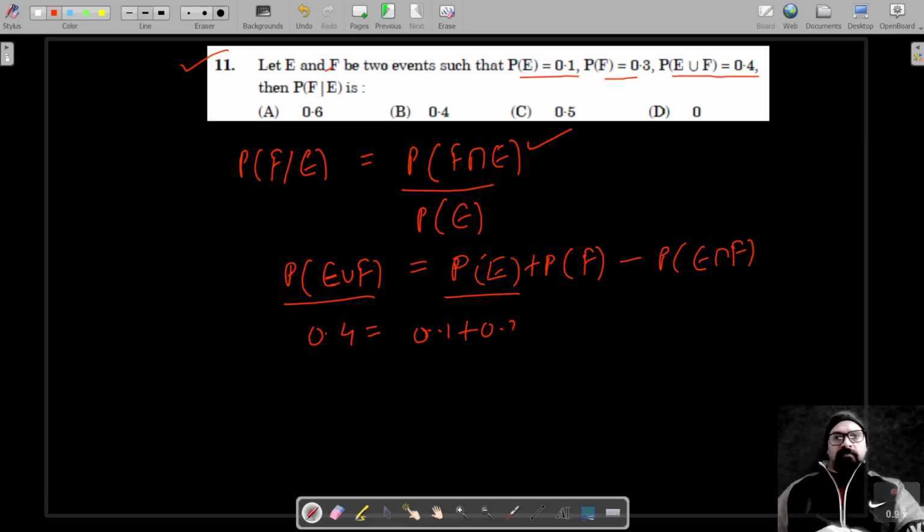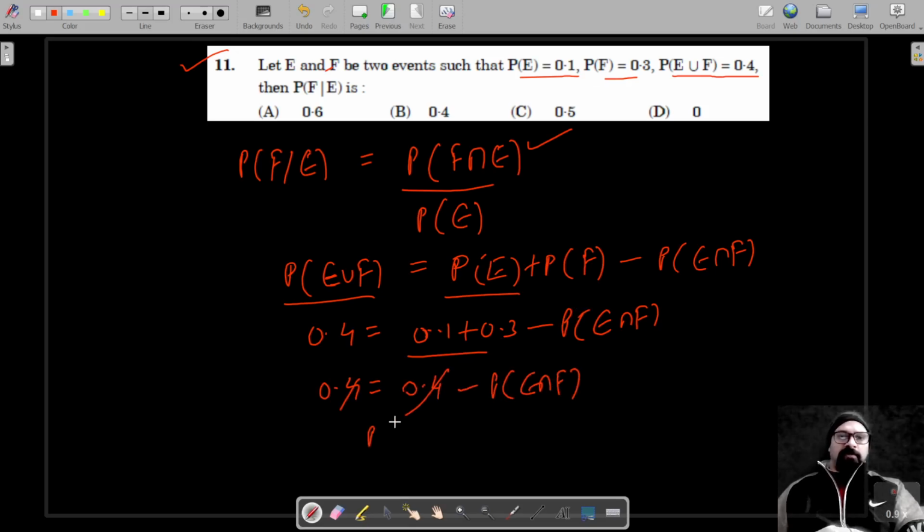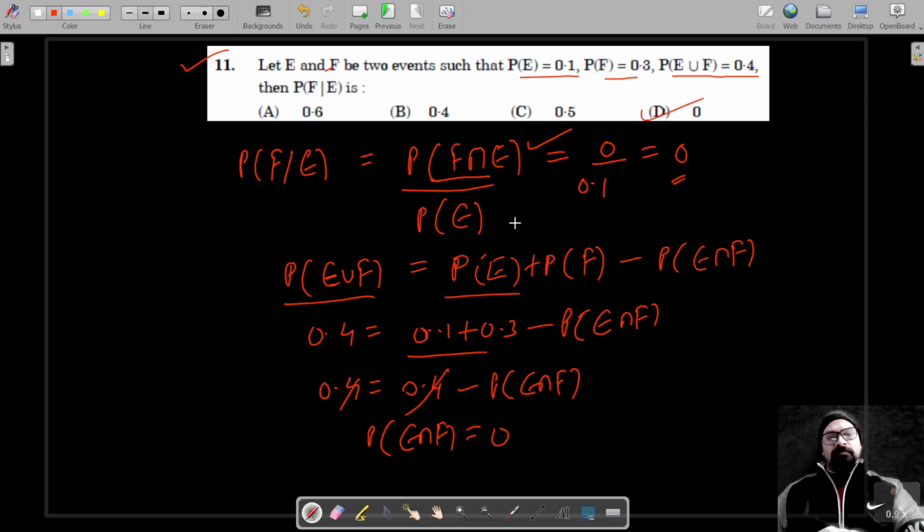Probability of F is 0.3 minus probability of E intersection F. Now, 0.4 is equal to 0.4 minus probability of E intersection F, which will give me probability of E intersection F is equal to 0. The probability of E intersection F and F intersection E is the same thing, so it's 0 by probability of E, which is 0.1, so this is equal to 0, so D is the correct option.